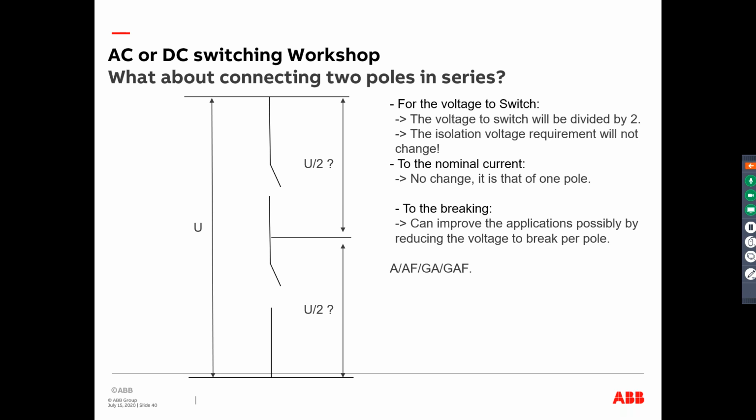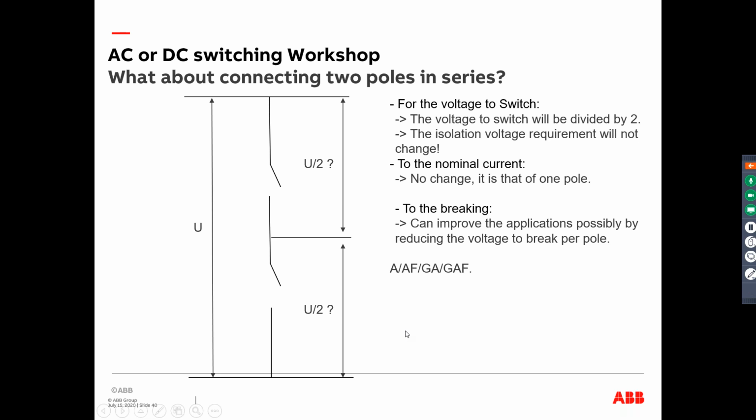For example, pole 1 and pole 2: the voltage is distributed and the arc is quenched easily. That's why we use 2 or 3 poles in series, or sometimes 4 poles in series. It depends on the voltage of your system, or the voltage you're breaking, basically.